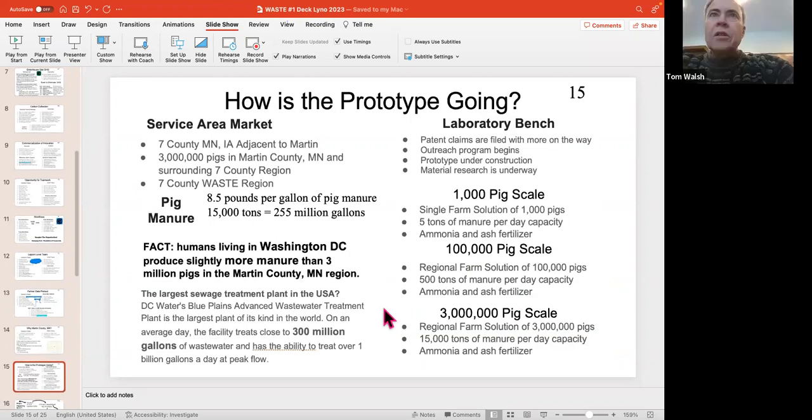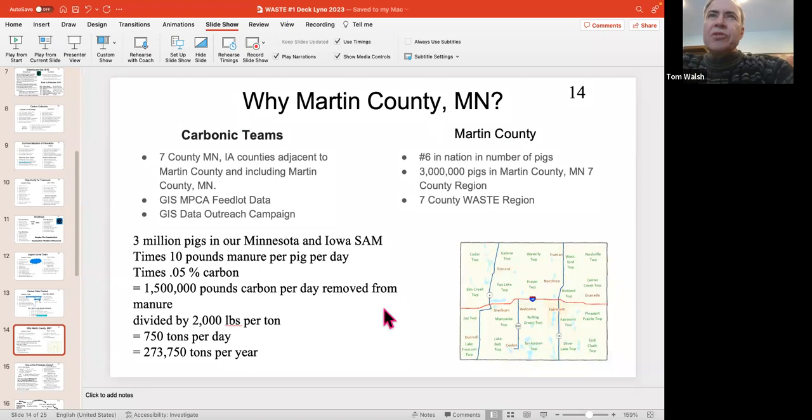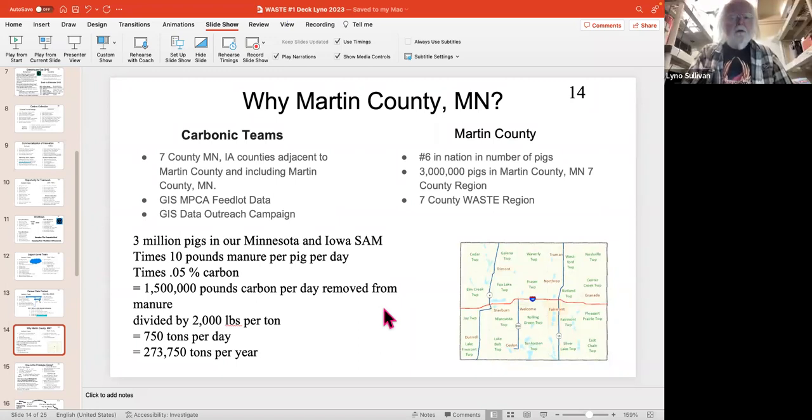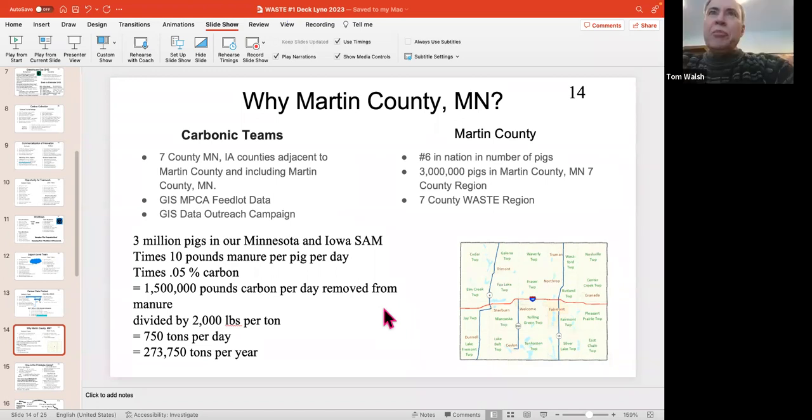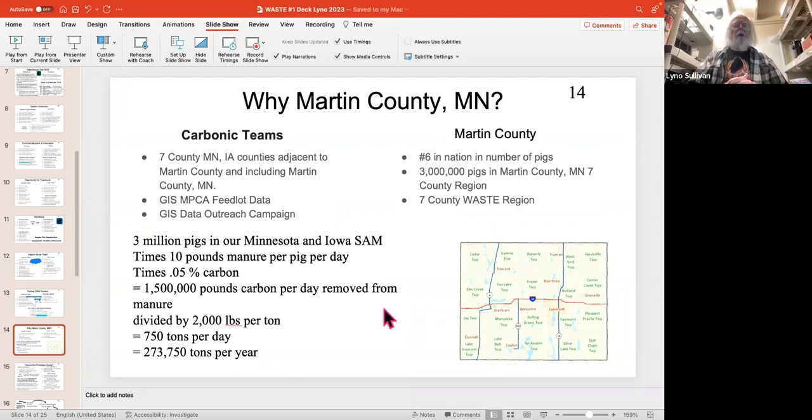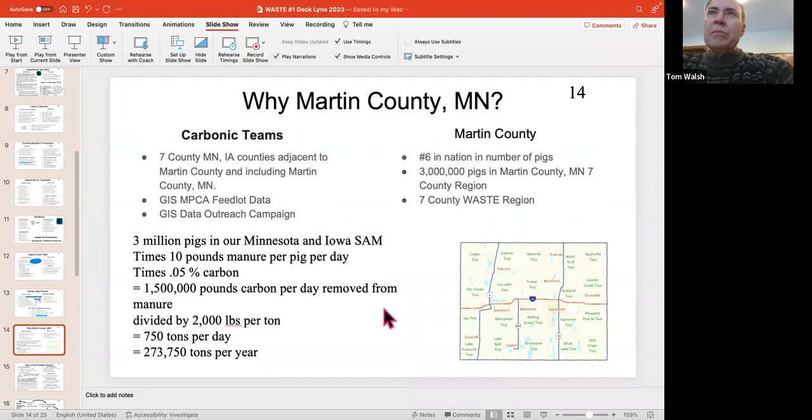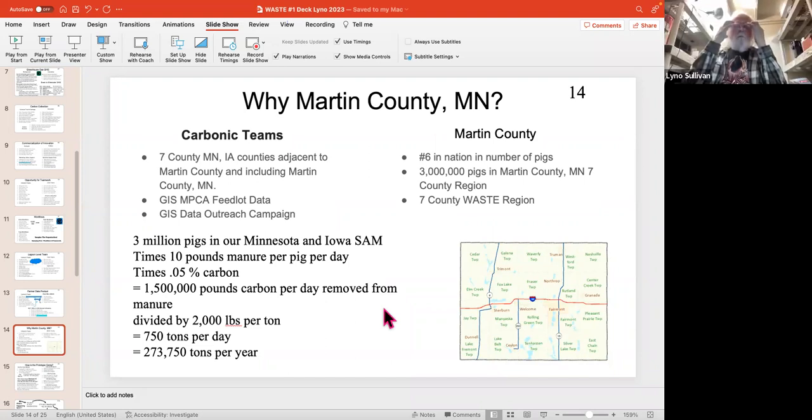Lyno, just one correction. You mean 5%, not 0.05%. Did I do that math wrong? Yeah, it's either 0.05 or 5%. They're the same thing. No, it is, the water is 90%. Yeah, the water is 90% and the carbon is about 5% of that. If I did the math wrong, then I have to go back to ground zero with my numbers.